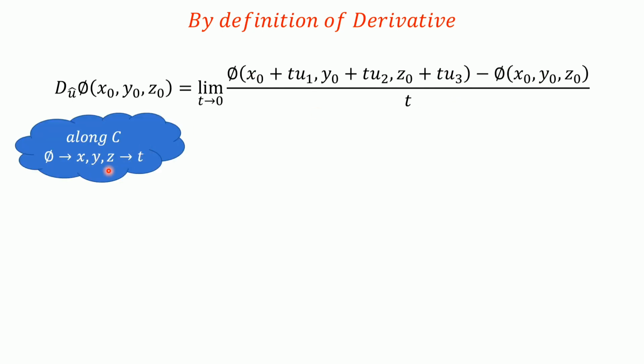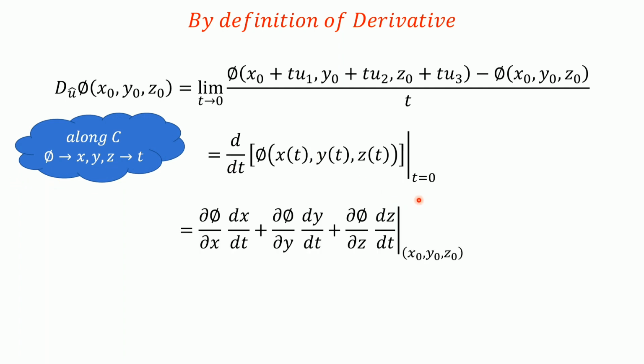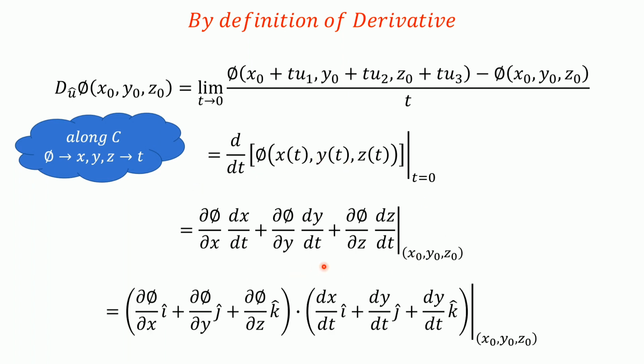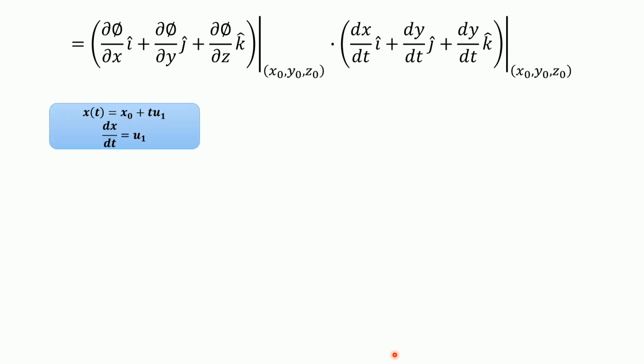Along C, phi is a function of x, y, z, and that is a function of t. So this is the same as d by dt of phi at t naught. Now, because phi is a function of x, y, z, and x, y, z are functions of t, by using the chain rule we get this expression here, which you can write as a dot product of these two vectors. Now here, x is x naught plus t u1, therefore dx by dt is u1.